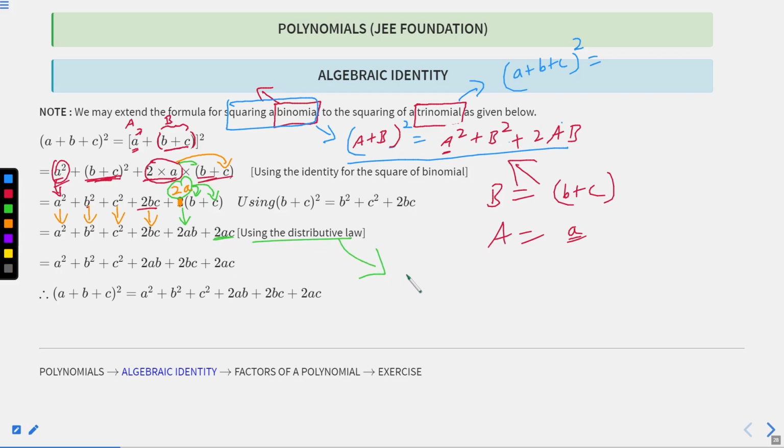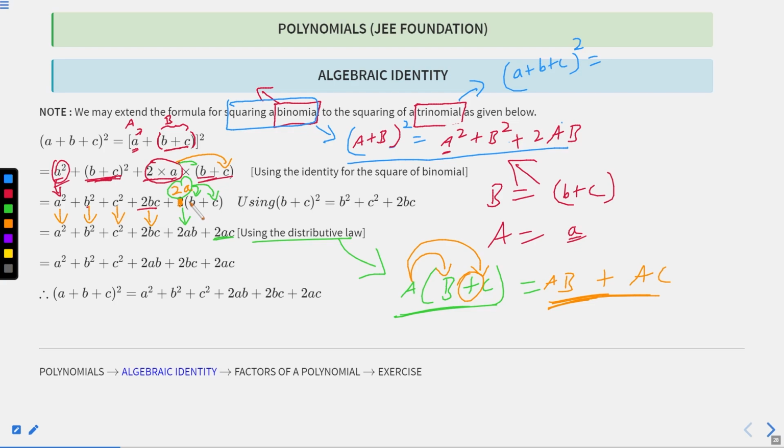What distributive law are we talking about? If this is our case, a multiplied with b first gives ab, then a multiplied with c gives ac, and we use the plus symbol here. So ab plus ac.